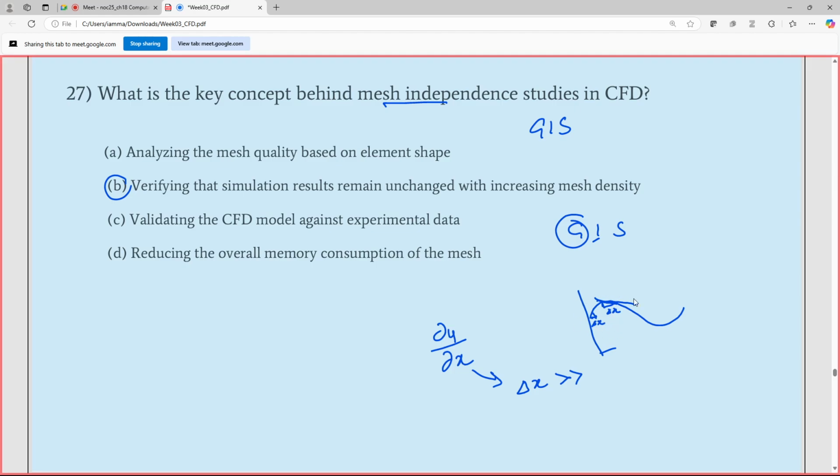Such a condition is called grid independence. Such studies are done only to find that our grid size does not affect our property calculation. So such studies are called grid independent studies.